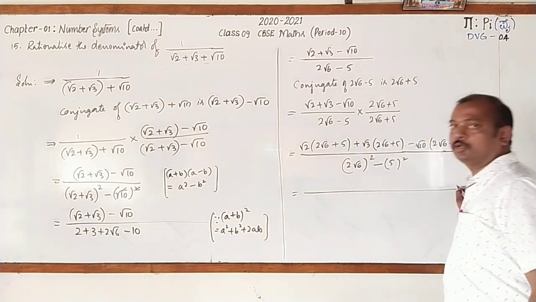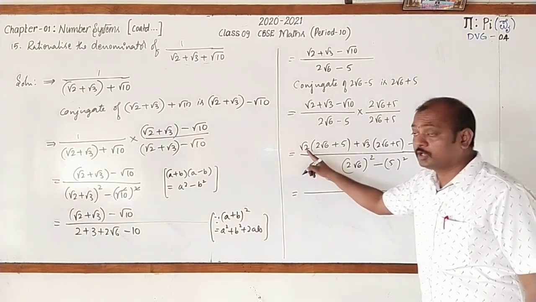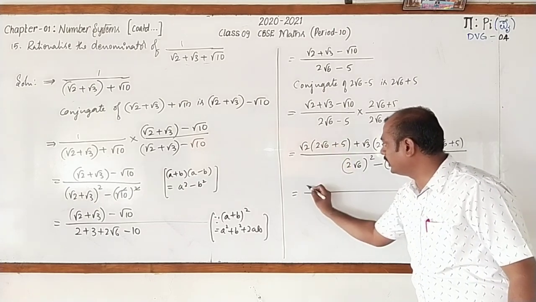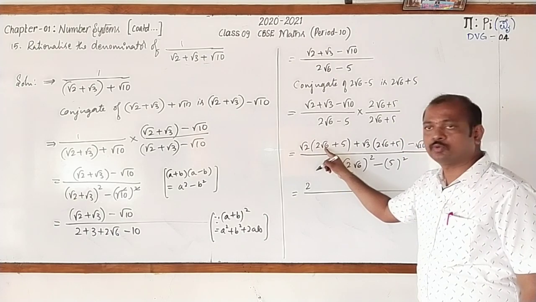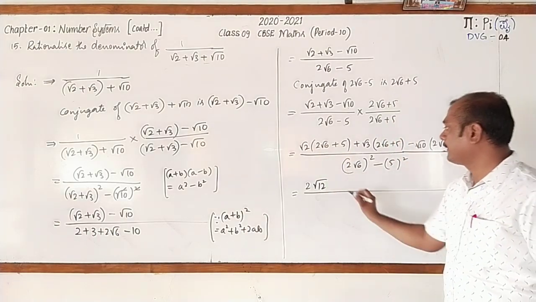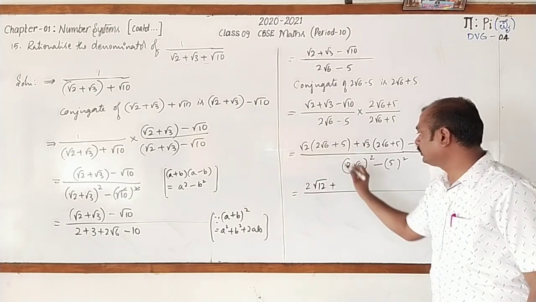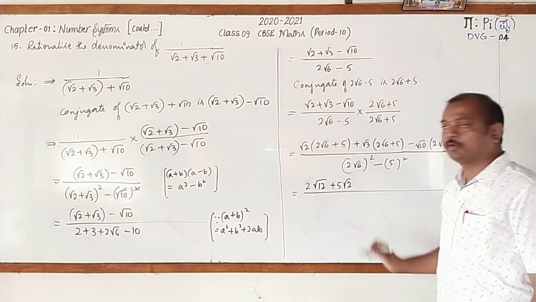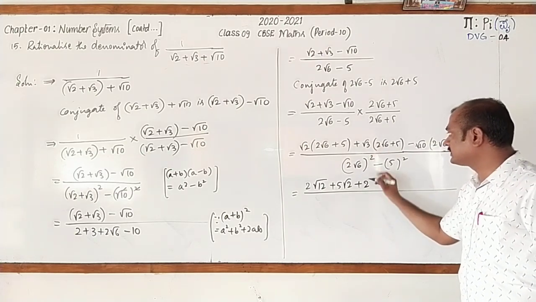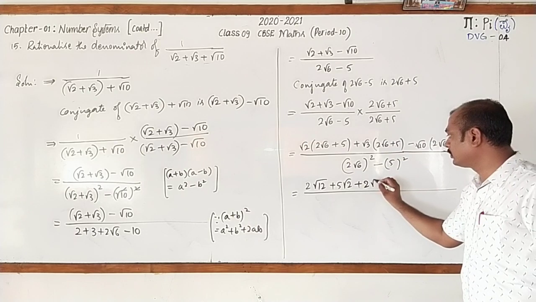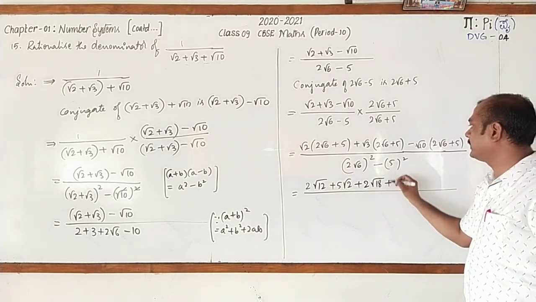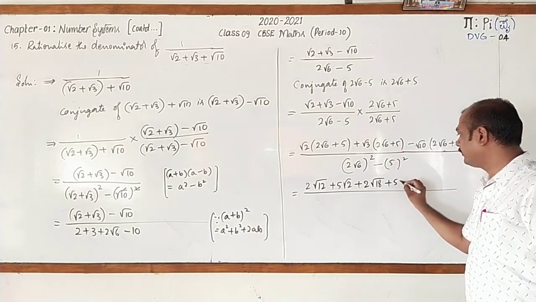This is equal to, observe, now multiply this root 2 with both the terms. 2 as it is, root 2 into root 6, it is root 12 because 2 6s are 12, plus root 2 into 5, it is 5 root 2. Now root 3, coefficient as it is, root 3 into root 6, root 18, 3 6s are 18, plus root 3 into 5, 5 root 3.